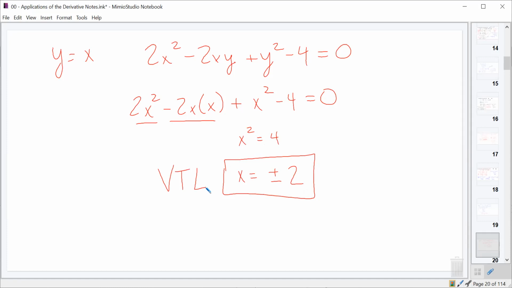One thing we do need to make sure, though, is that if we do plug it back into the original equation, it actually yields us some y values.